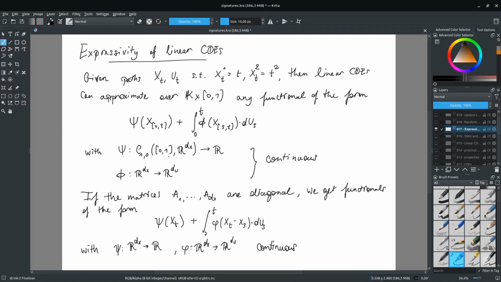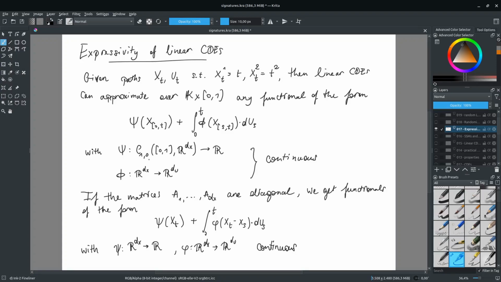The notation is a bit weird, but it says absolutely continuous functions from 0 to 1 to R^dx. You can think of this as simply differentiable functions that start at 0.